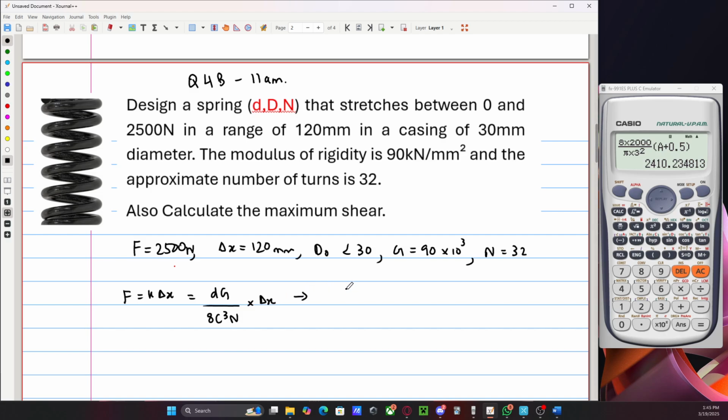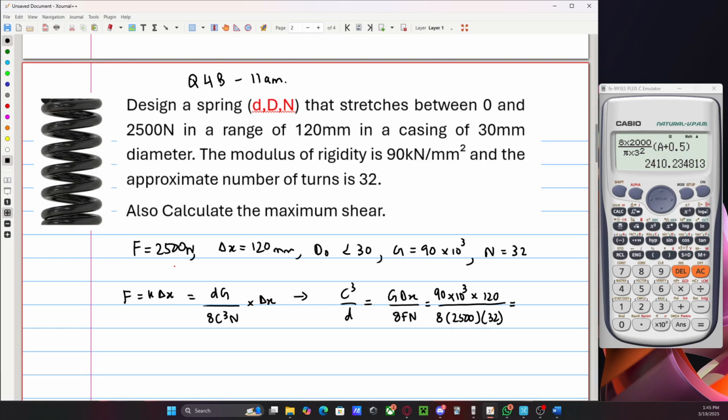We have to make c cubed over 3 the subject, so that will be equal to G del X all over 8FN. So we substitute our values, so in this case, we have 90 times 10 to the power of 3 multiplied by 120 all over 8, and the force is 2,500, and our n is 32.